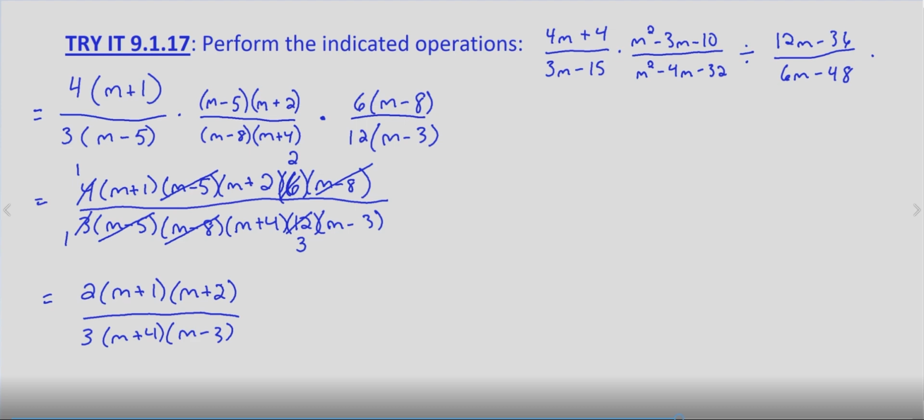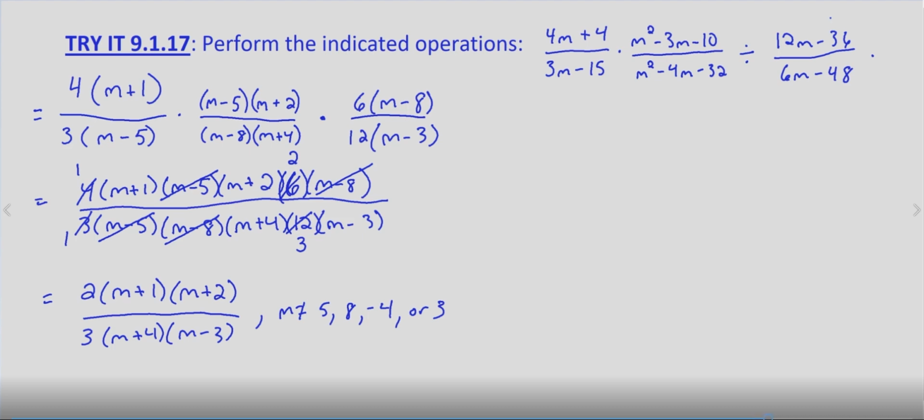And remember that technically, even though we're not being asked to, we should also note that m can't equal, and I'm just going to write out all of the numbers in commas, m can't equal 5, 8, negative 4, or 3. And again, that comes from all the factors that we had in the denominator. If m equaled any of these values, we'd end up with a denominator of 0.